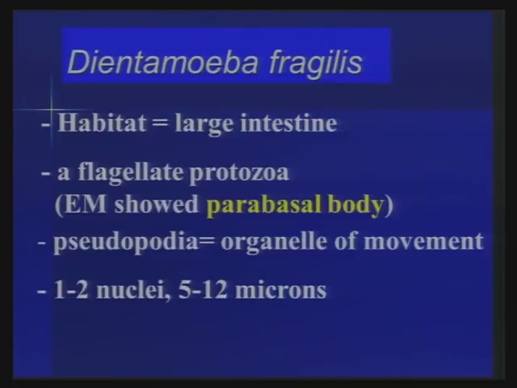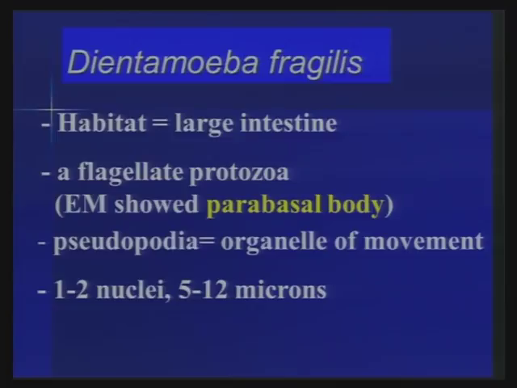Most of them can be detected using a stain, the permanent stain. In general, the lab will not work on the stain specimen. The habitat again is the large intestine. It has pseudopodia, and why we include it as a flagellate is because the morphology looks like amoeba.